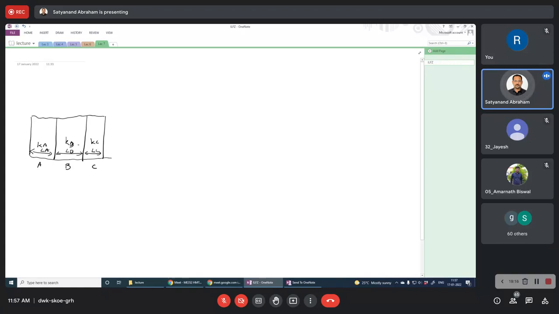So here we have different types of materials making a single slab. Such a slab or wall is known as a composite wall.